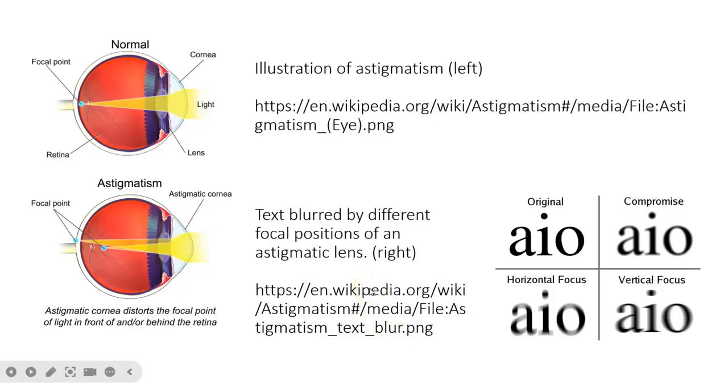Here you see some of the problems he was working on, in this case astigmatism. Here you see the original view, and you see that the horizontal and the vertical focus are also a bit blurred, and this is then the compromise.